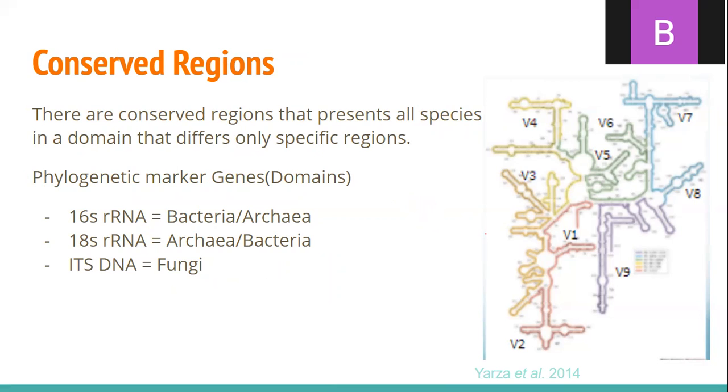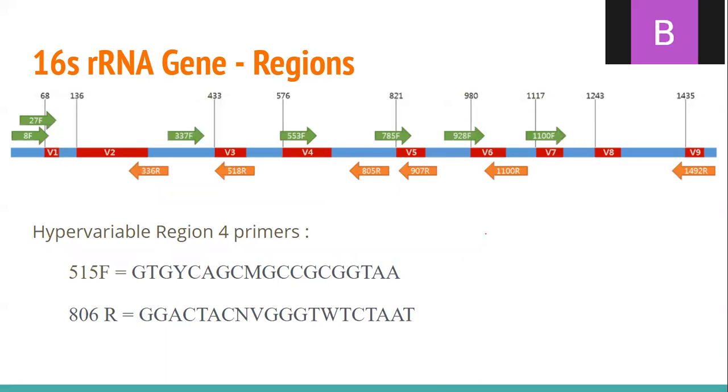These regions are conserved with hypervariable regions inside them to differentiate between the species inside the domain. For this analysis, bacterial species and hypervariable region 4 have been used, which is right here.